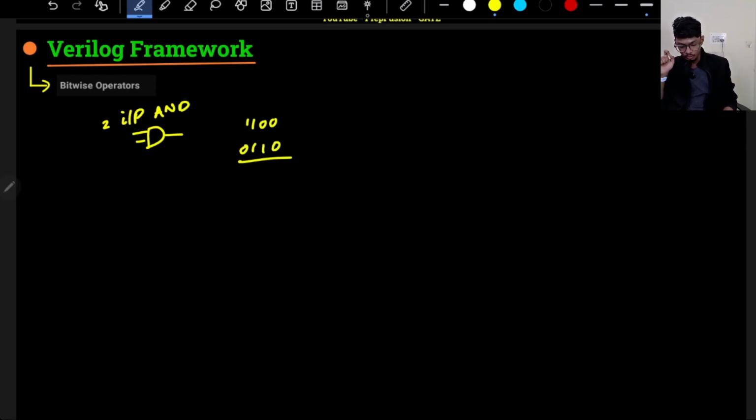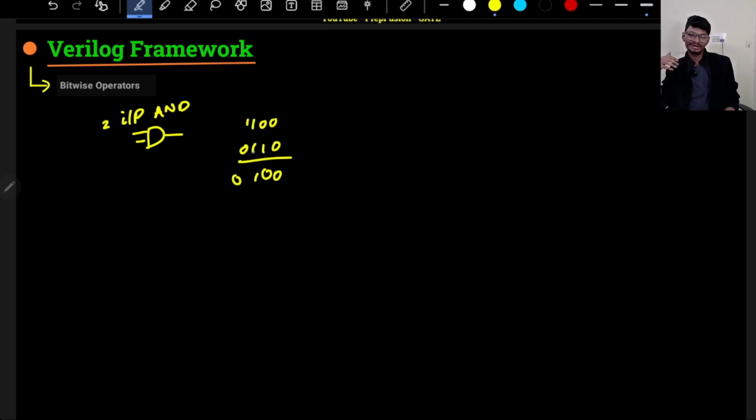The LSB will be ANDed, so this will be 0. The next to LSB, 0 and 1, will be 0. Again, individually the bits will be ANDed. This will be 1, and 1 and 0 is 0.